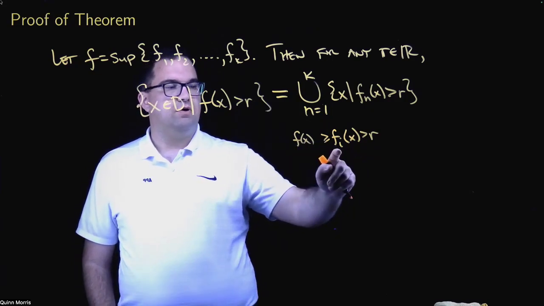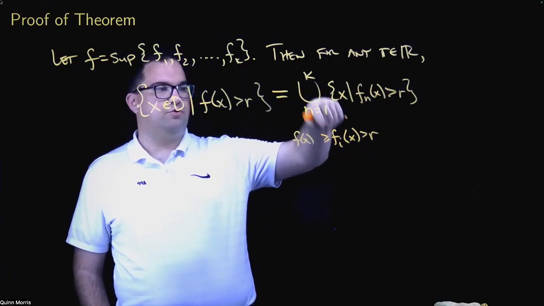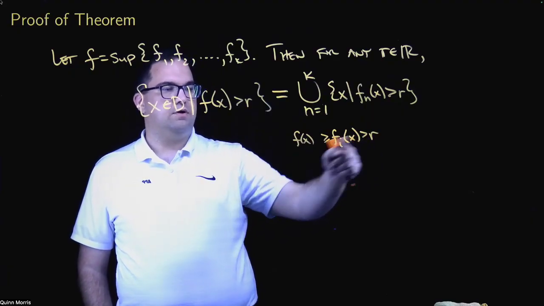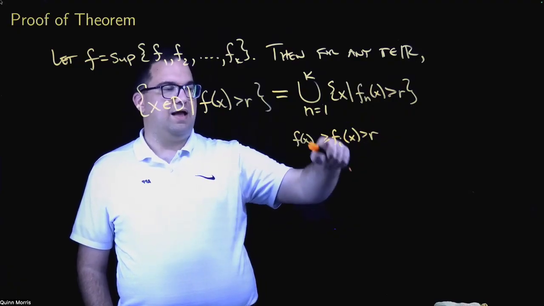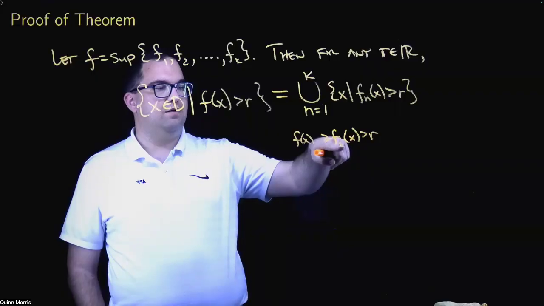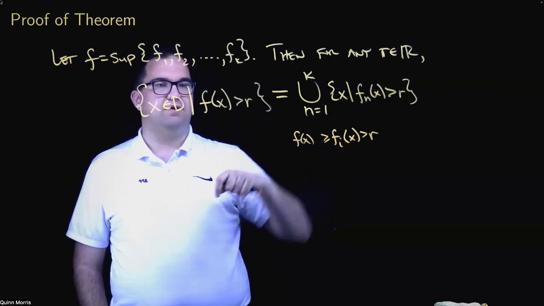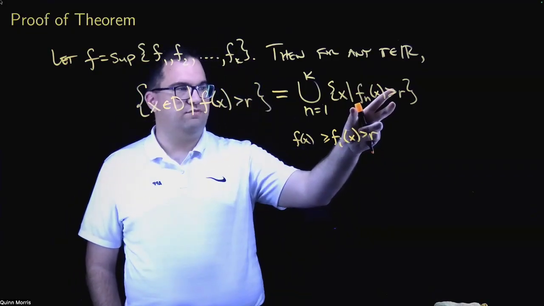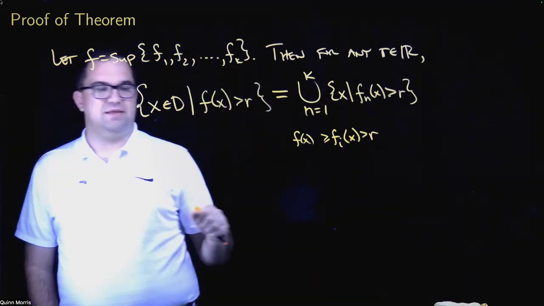So if for some particular i between 1 and k, f sub i of x is greater than r, then f of x, which is the supremum of f sub n of x over all n between 1 and k, must be greater than r. So something in this union is in one of these particular sets. If it's in one of these sets, then it must be in this set.